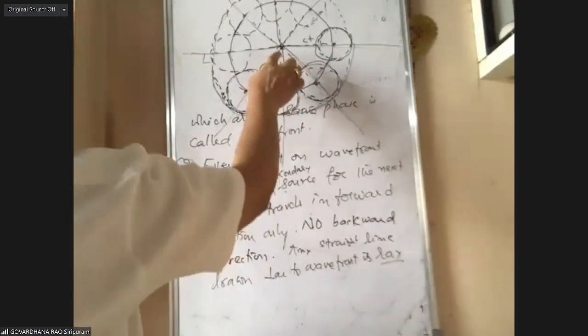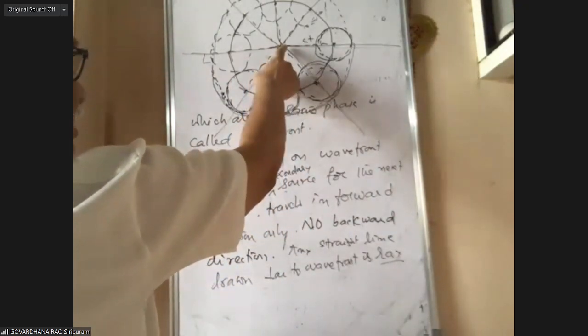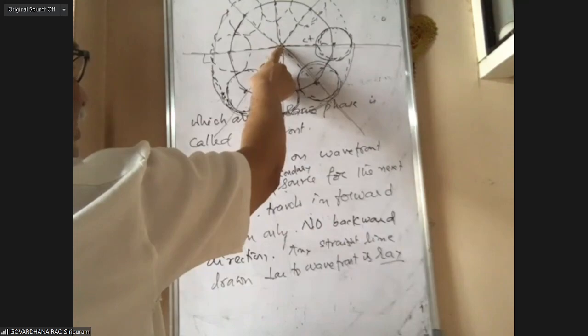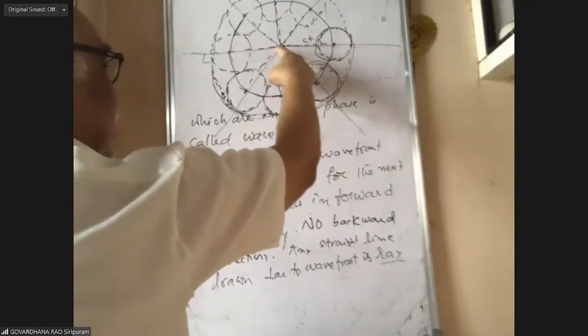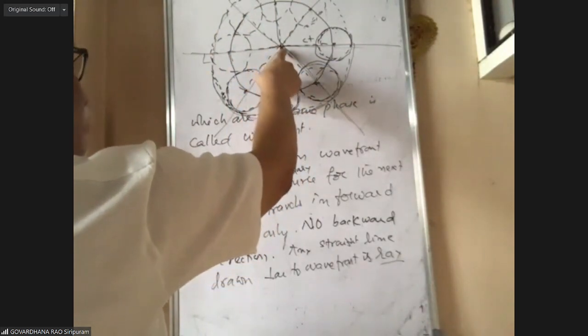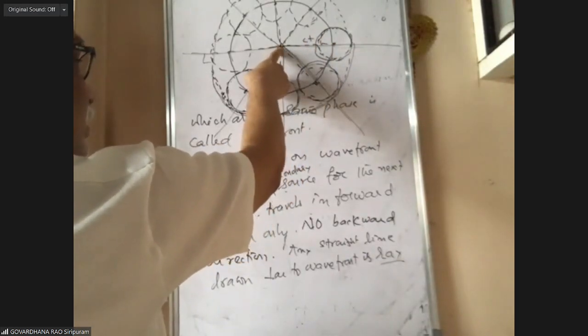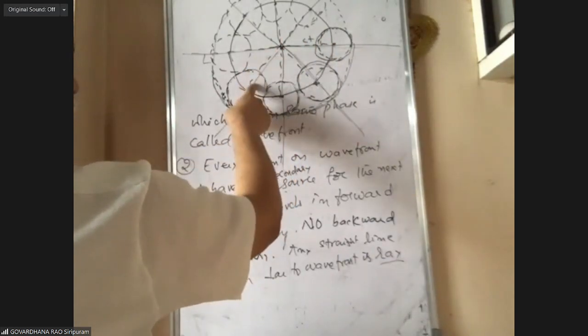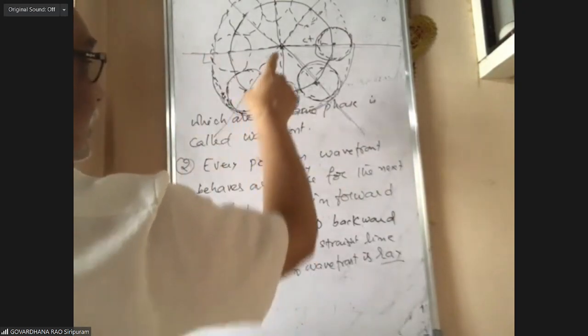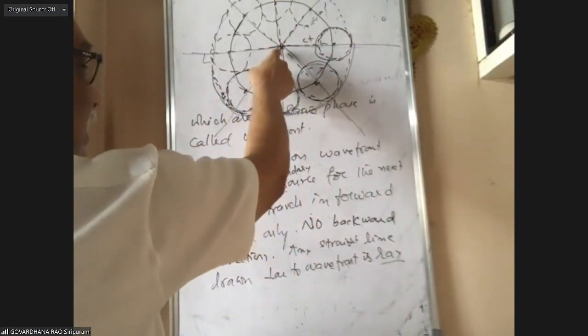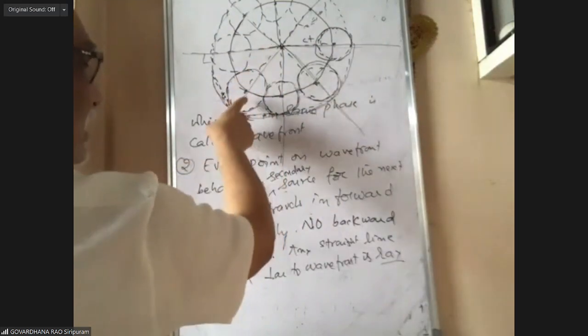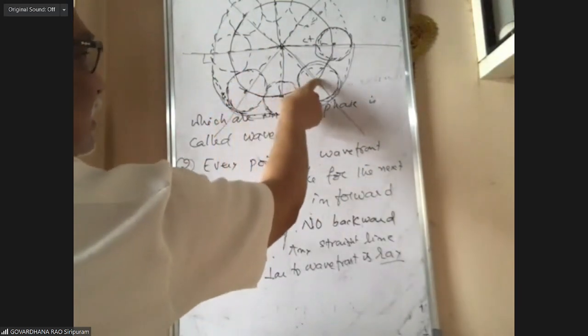See, the light which started from here is traveling in this direction, this direction, in all directions. But by the moment this light reaches from here to here, the light here reaches from here to here. So after t seconds, the light reaches here, here, here.